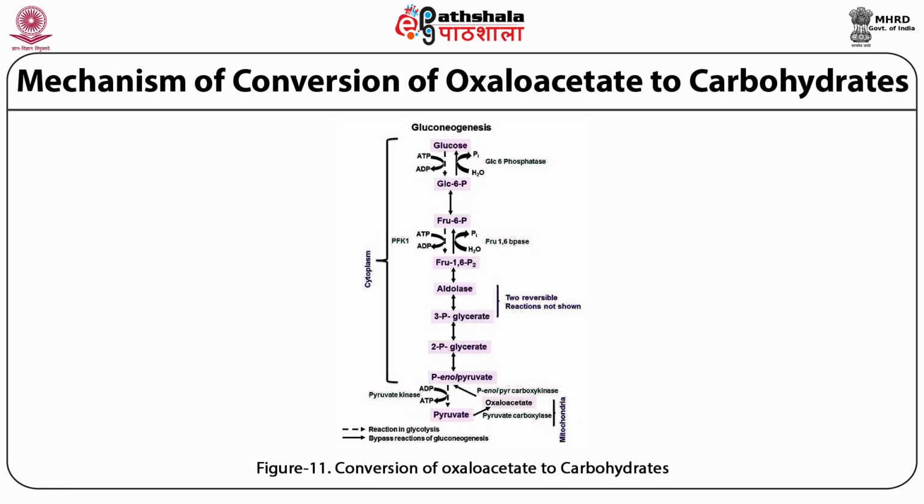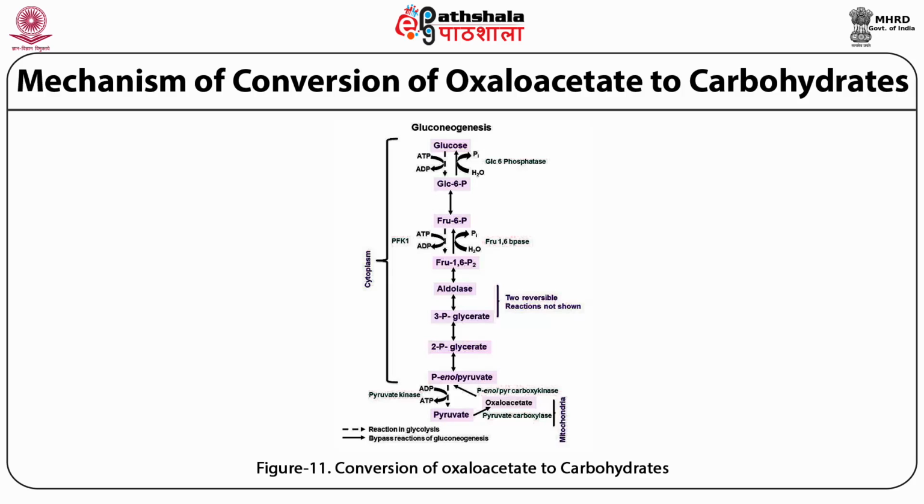The following pathway shows the conversion of oxaloacetate to carbohydrates. As shown in the figure, you can see that during gluconeogenesis, glucose is converted to glucose 6-phosphate, which in turn is converted into fructose 6-phosphate.